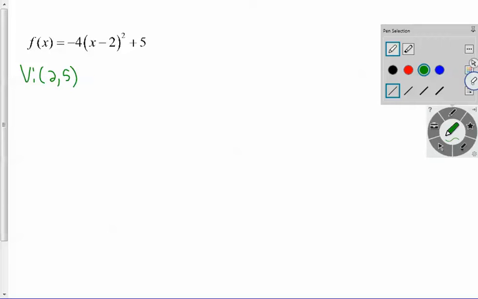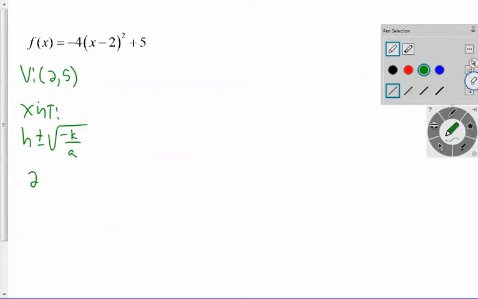All right. According to your chart, when it's in vertex form, the x-intercepts are calculated by taking h plus or minus the square root of negative k over a. So h is 2.